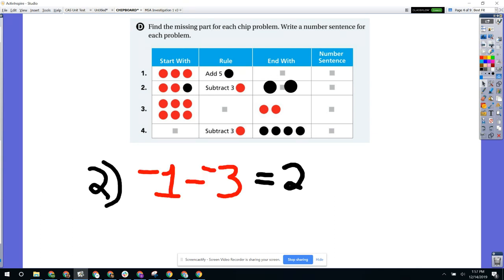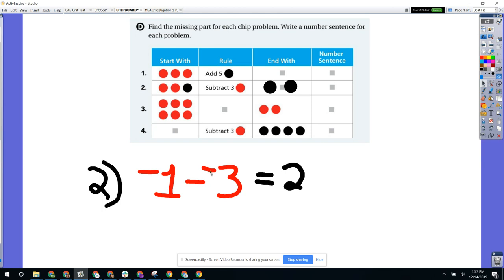If we take a look at number 2, we have 2 red chips and 1 black chip. So these 2 cancel each other out, and we're left with a -1. So that's a -1, and we're going to subtract a -3. Notice we have 2 minus signs, or a subtraction and a negative sign here. Those cancel out if we want to think about that mentally, and we're adding 3 black chips to this.